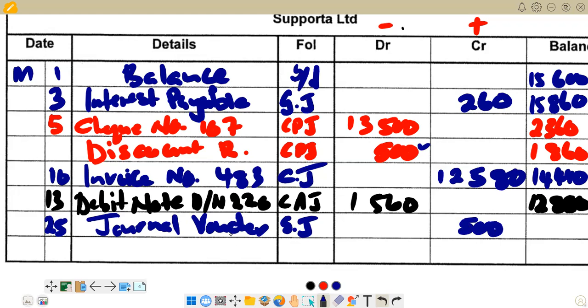Basically, we are making a cancellation of discount. Crediting is a plus. So we say 12,880, then we add our 500, and we get 13,380. So this is the end of our question.